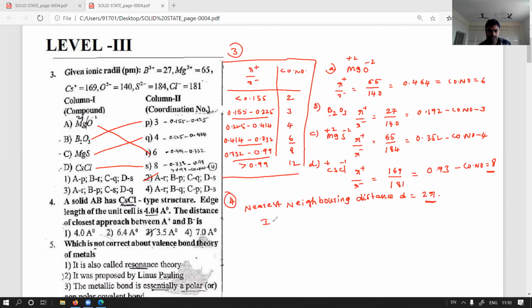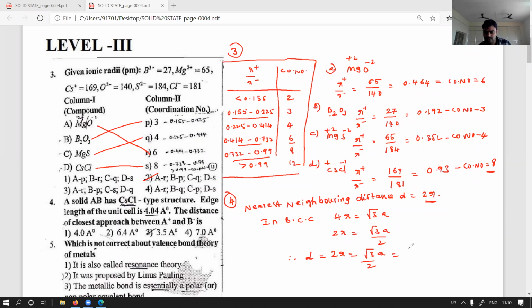Cesium chloride has a BCC crystal structure. In the BCC crystal structure, 4R is equal to root 3 A. Then 2R is equal to root 3 A by 2. Therefore, D is equal to 2R, which is root 3 A by 2.